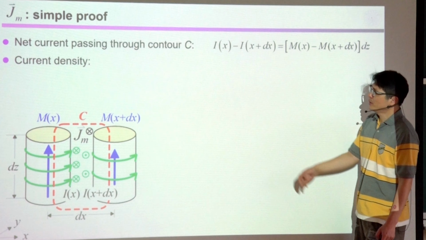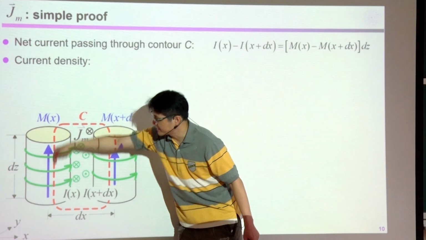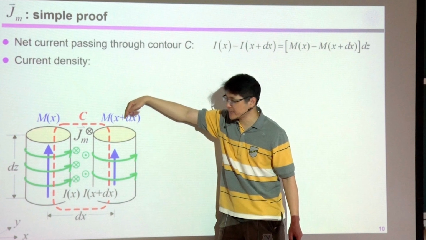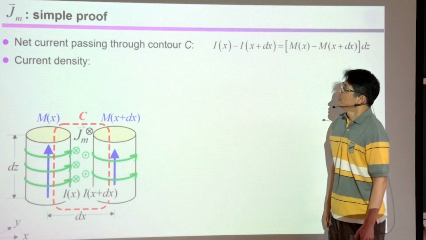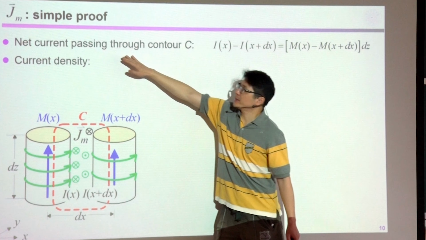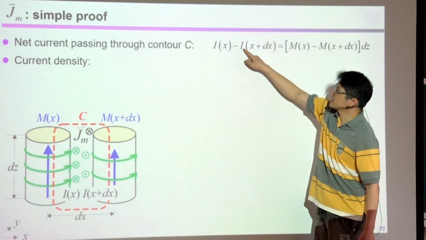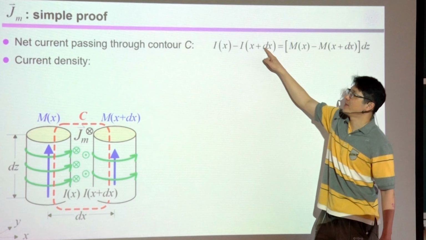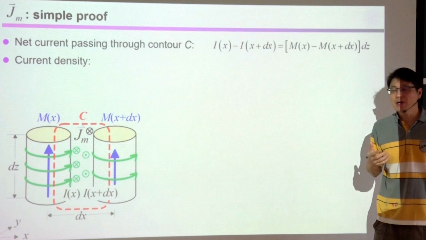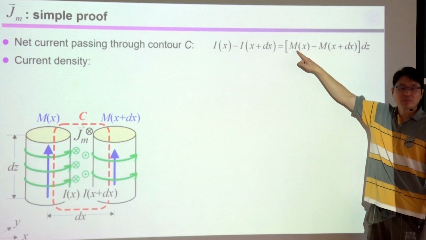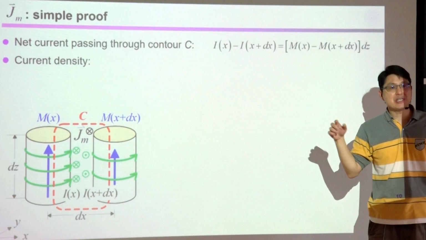Well, we can write this. I defined this location as x, and this is x plus dx, right? So I want to know the net current passing through this contour. So the I(x) minus I(x plus dx), that is the net current. But as we all know, M, the magnetization vector, has a unit of ampere per meter.